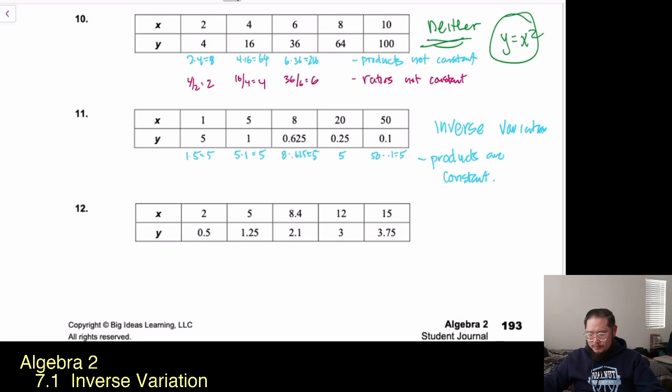Let's take a look next up at number 12. I have a feeling right here that we end up with direct variation. And let's just cut to the chase. I'll show you an example of this. Remember, with direct variation, we're going to take y over x. Remember, direct variation.